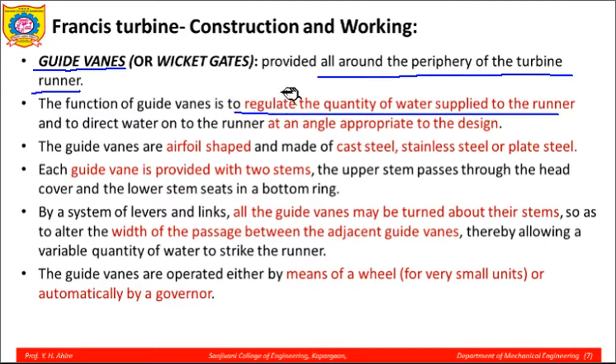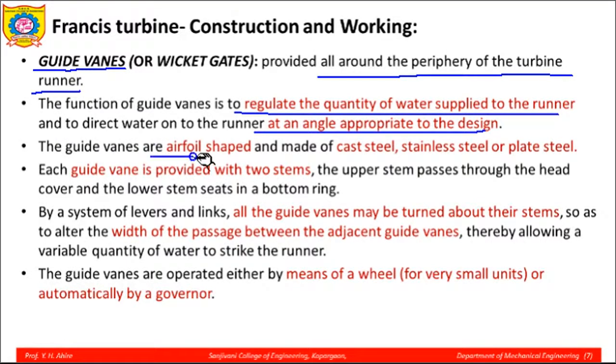To regulate means to control the quantity of water supplied to the runner, and second, to direct the water onto the runner at an angle appropriate to the design. That is the second function, to direct it at a required angle at the inlet of the runner vanes, which means to guide the water at a required angle.